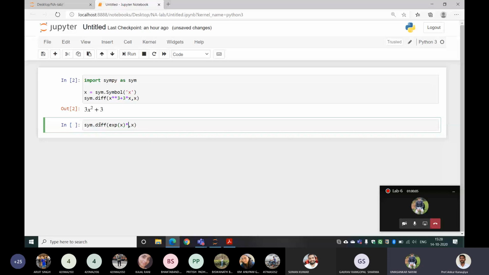Can you tell me how to write cos hyperbolic in Python? Just run it, you will get some error. Someone is saying np. Okay, do it. np.exponential.